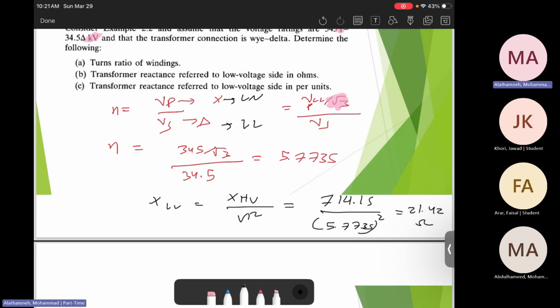Then the next thing is to calculate the transformer reactance in per units. To find it in per unit, we need to find the Z base.